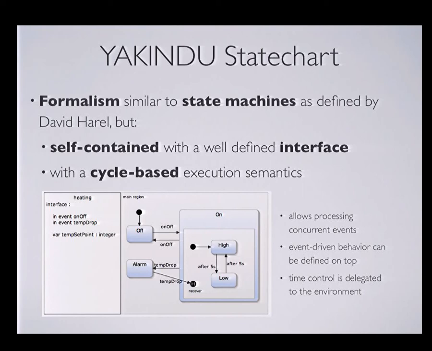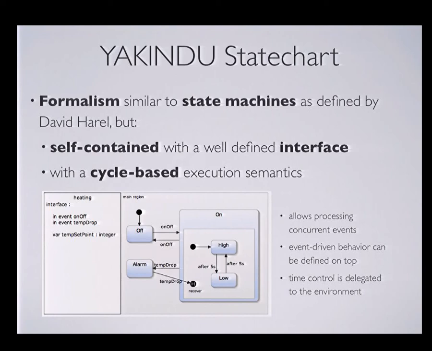The second thing that makes it a little bit different is that we do not incorporate an event-driven semantics by default, but Yakindu Statecharts have a cycle-based execution semantics. That fits quite well into the embedded domain, where you often find periodically executed Statechart models. So that was an inspiration for Yakindu as well.